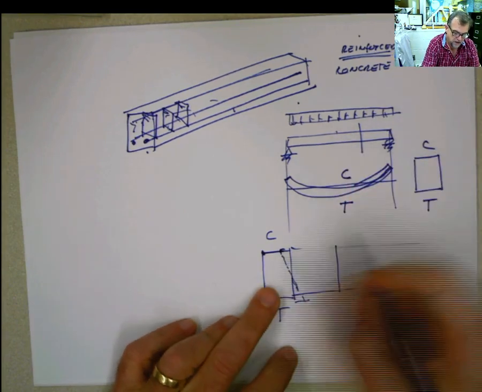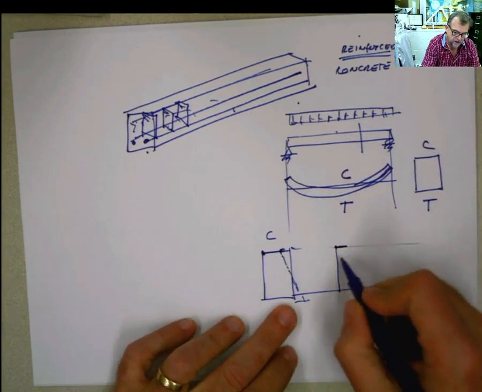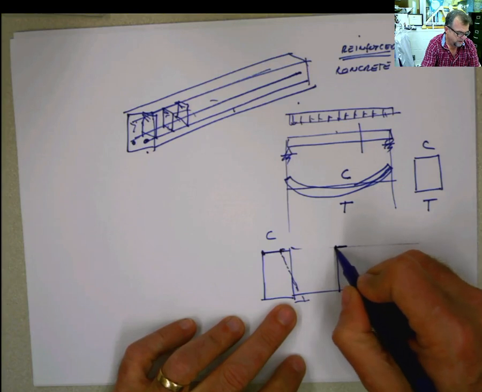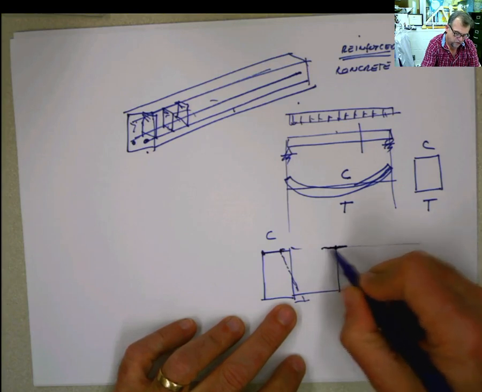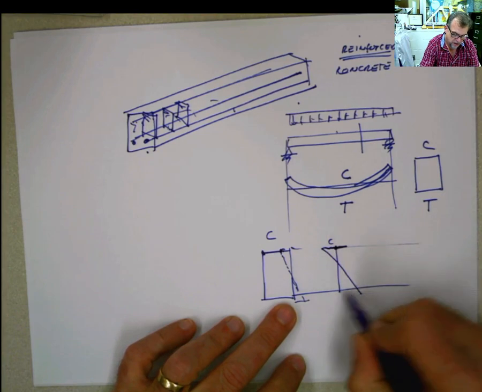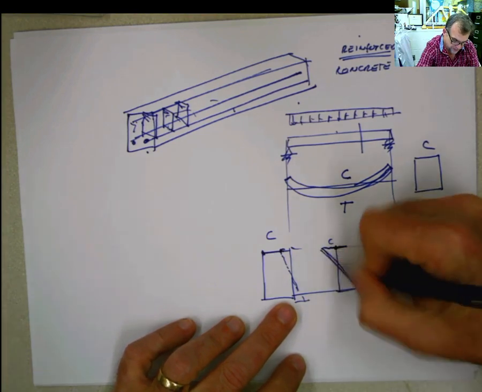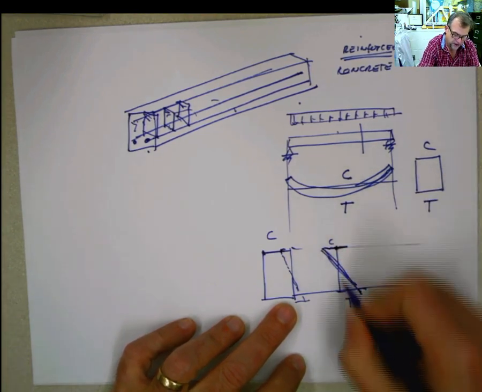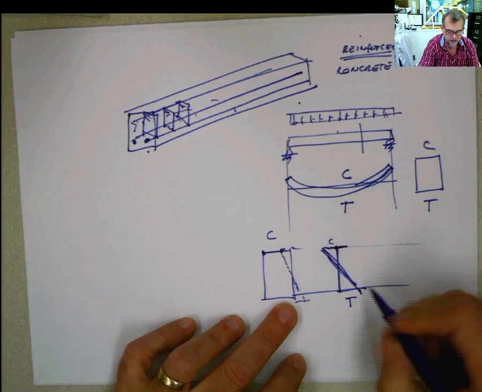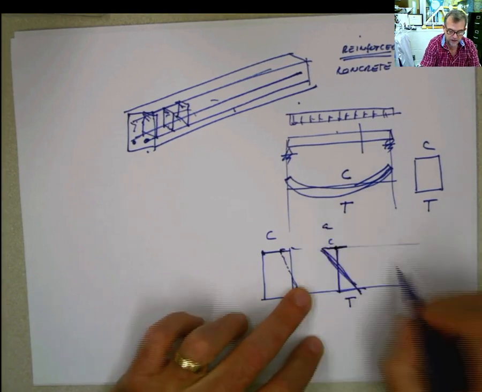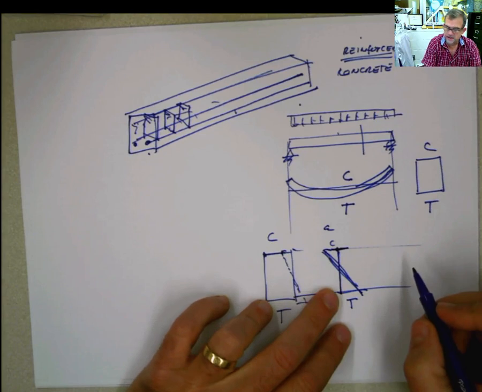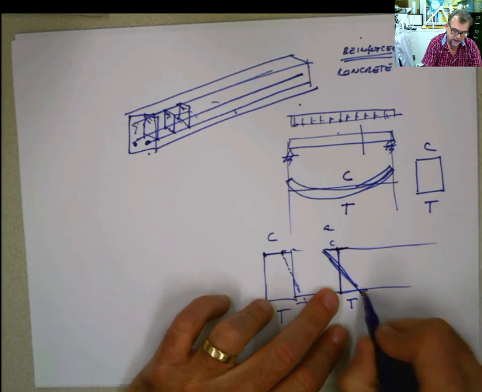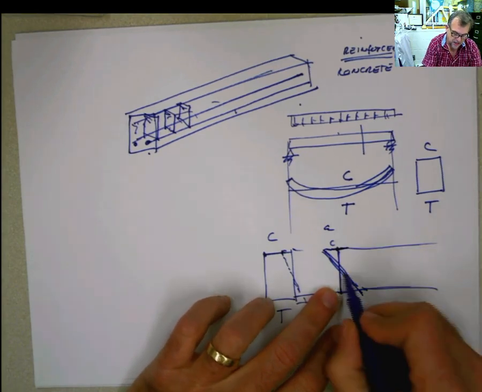If this is in compression, you're going to have a deformation, compression here and tension here. It's going to be something like that. Compression and tension that is not elastic. The strain is not elastic. But let's say for the sake of this discussion that this is elastic.